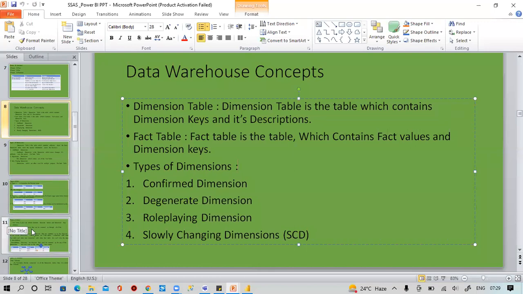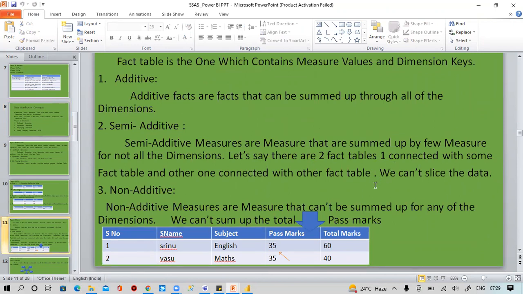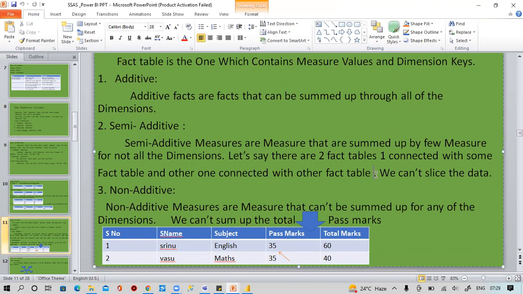To prove the types of measures, I would show something. Semi-additive measure. Let's say we take our bank account. Yesterday we had 10,000 in our account, and yesterday evening we withdrew some amount, which is 5,000.